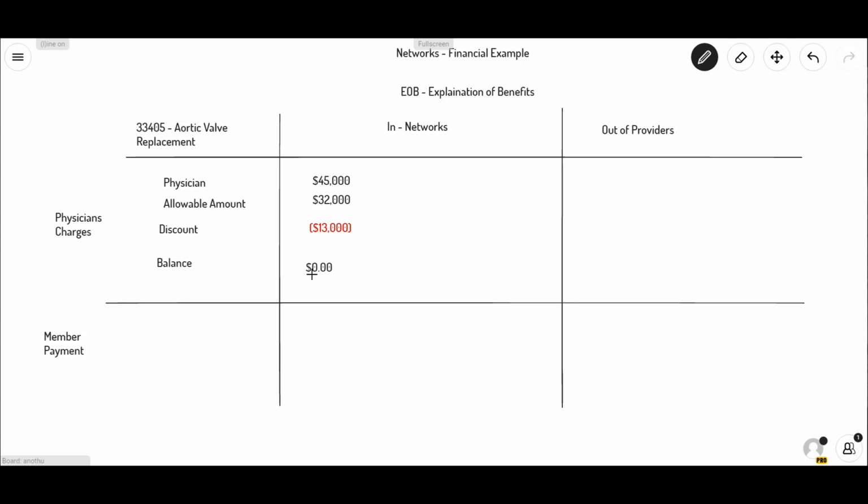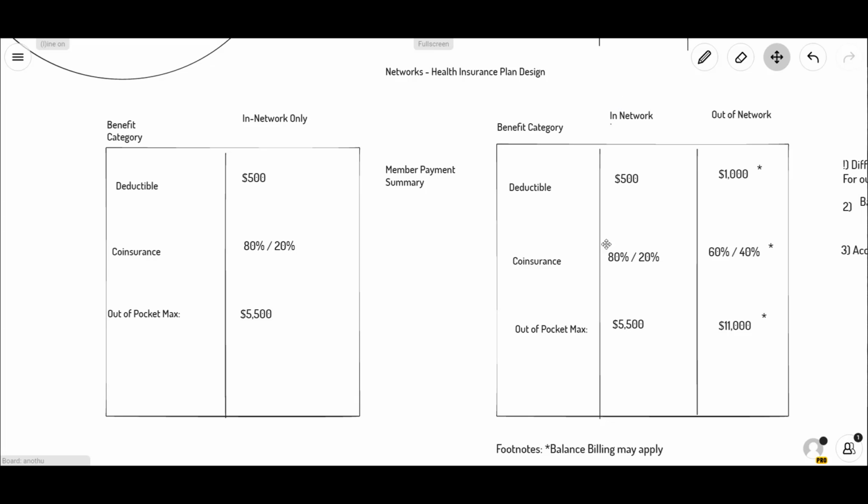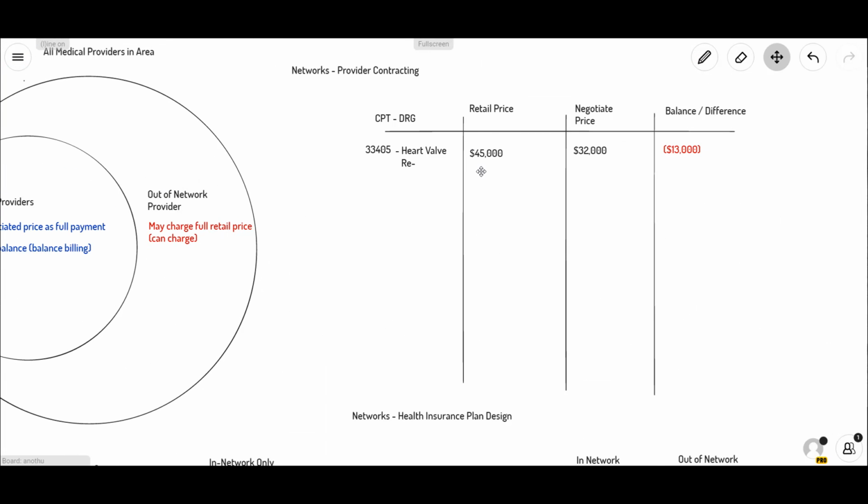What we're saying is this: the physician normally charges $45,000. The insurance company has said that we only allow $32,000, which means that there's a discount of $13,000 applied to the normal price of the procedure. And the balance, if you remember from the first video, we talked about the provider having this retail charge, and the balance being that $13,000, the difference between the retail charge and the negotiated price.